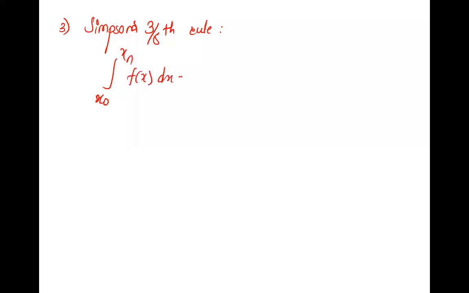Okay. And then we have seen the third one, that was Simpson's 3/8 rule. So it is integration x naught to xn f of x dx is equal to, what is the formula? 3h by 8. First plus last plus 2 times what?